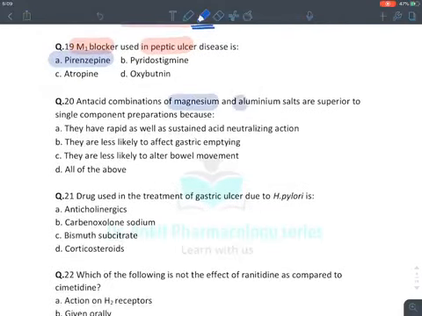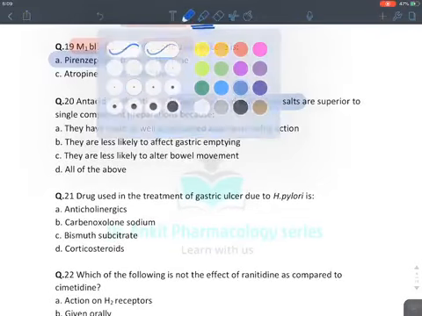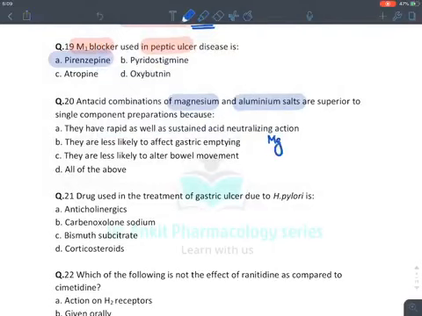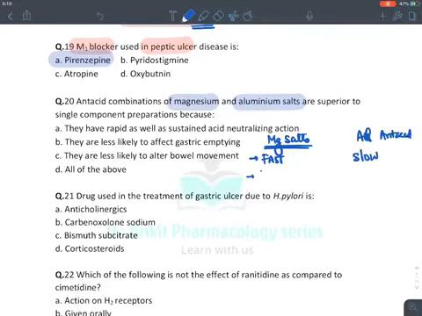Antacid combinations of magnesium and aluminium salts are superior to the single component. Let's see why. Let's see the difference between magnesium salts of antacids and aluminium salts of antacid. Remember, magnesium is fast acting. Aluminium has a sustained or slow effect.